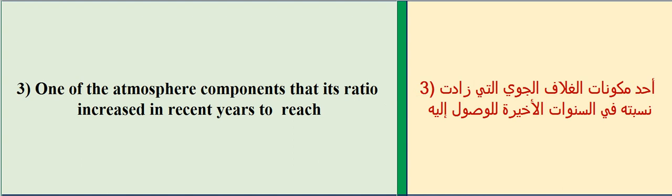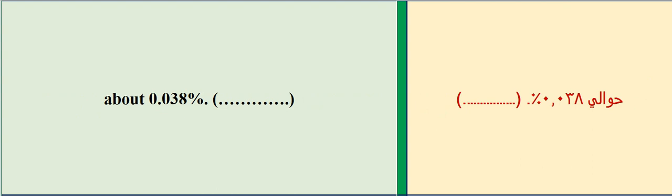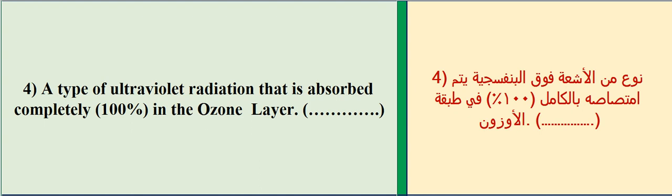One of the atmosphere components that its ratio increased in recent years to reach about 0.038%. 4. A type of ultraviolet radiation that is absorbed completely, 100%, in the ozone layer.